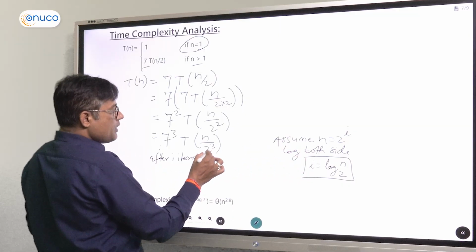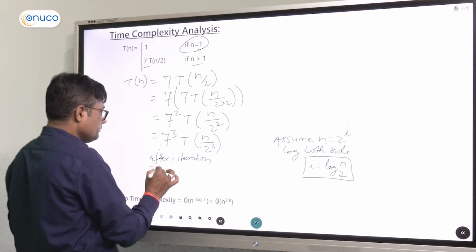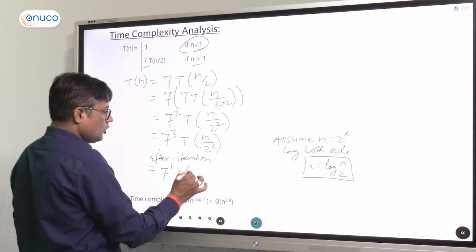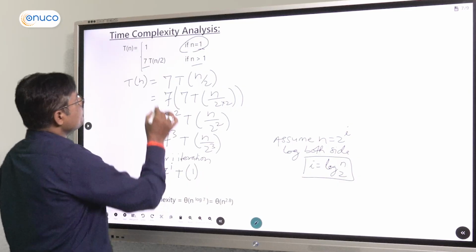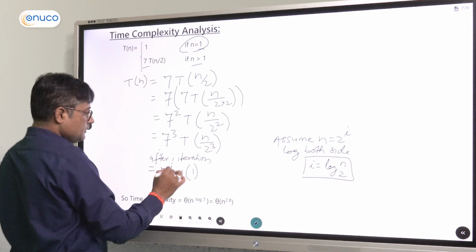When n equals 2 power i, after i iterations this part will be 1. So we can write 7 to the power i times T of 1. T of 1 means the time complexity is 1, so this whole term is replaced by 1.